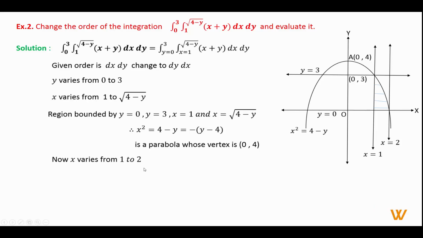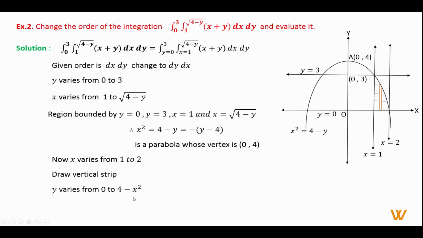Now find the value of y. Now draw the strip parallel to the y-axis. Draw a vertical strip in this way, because x varies from this line to this line and y varies from this line to this curve. Here y varies from 0, and on the parabola the value of y is 4 minus x square.